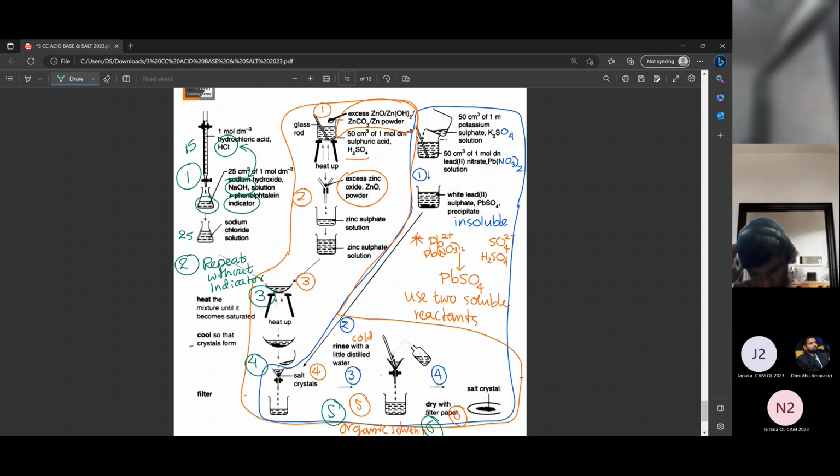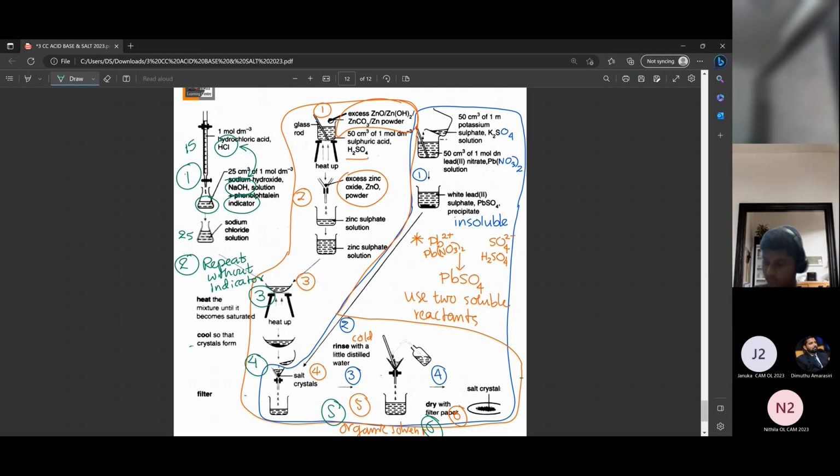Fill the burette with 50 cm cube HCl, slowly drop it in. It's not dropping. Add it to 25 cm cube of sodium hydroxide with the phenolphthalein indicator. Measure the volume needed.